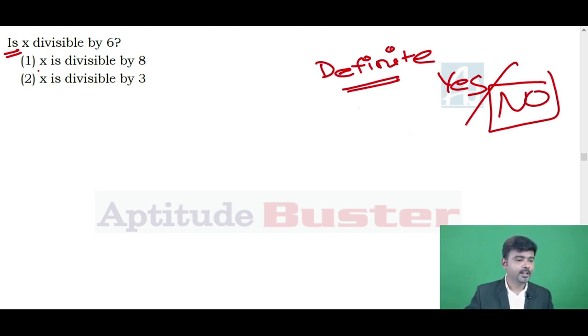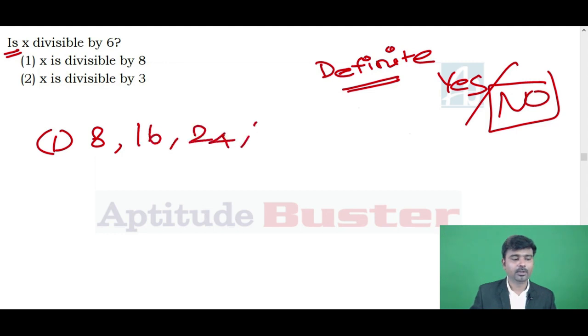Read the first statement: x is divisible by 8. For example, 8, 16, 24, 32, 40.